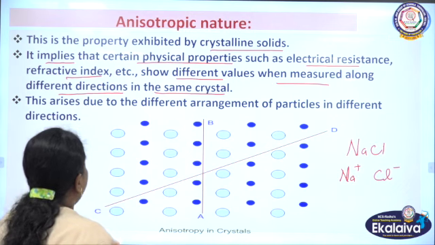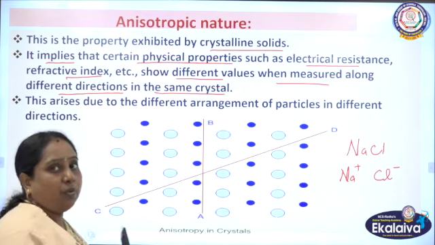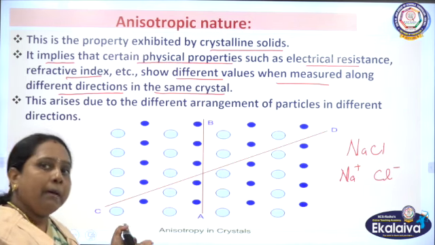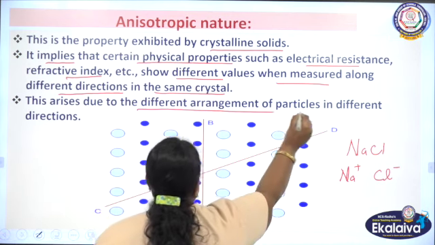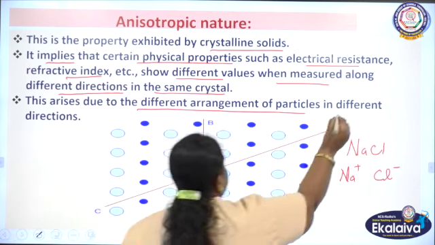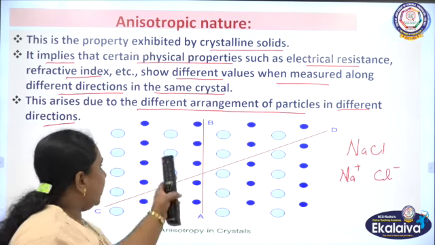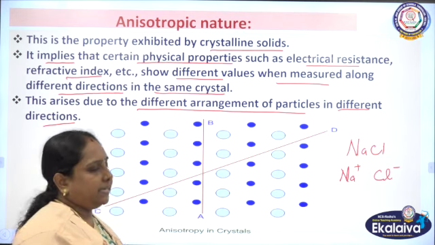But here you could actually see a different arrangement of particles. Why is there a variation in the magnitude of the physical property? It is due to the different arrangement of particles in different directions. Here we have two different arrangements of the particles.